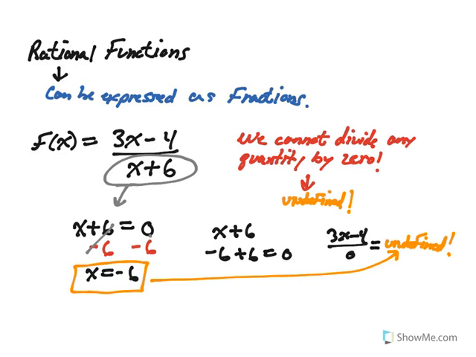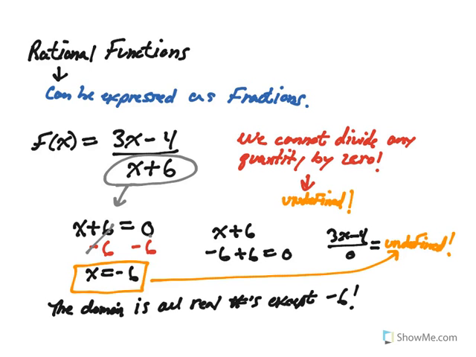So when we write the domain, we can say the domain is all real numbers except negative 6.